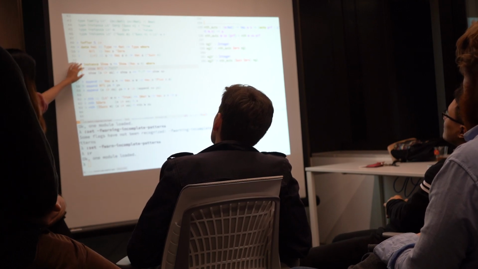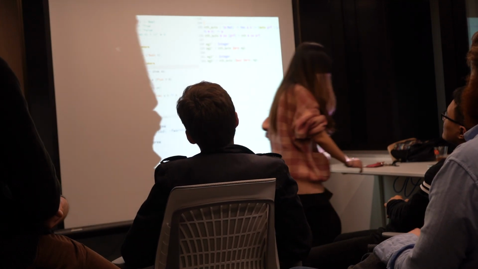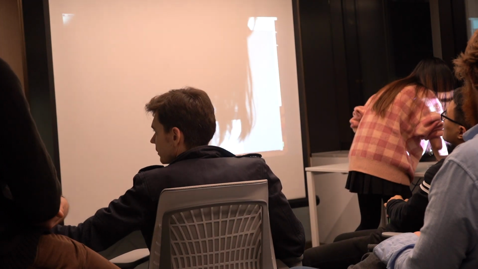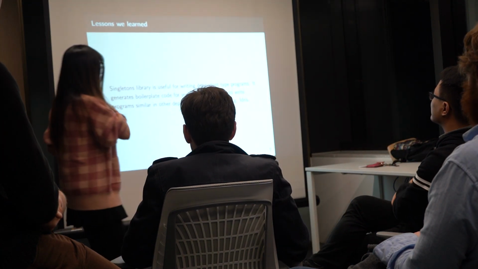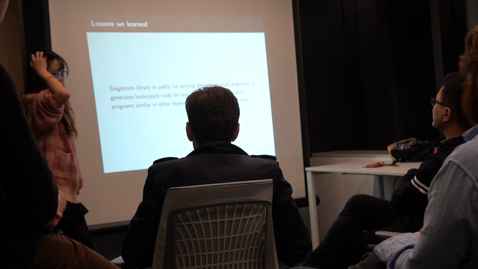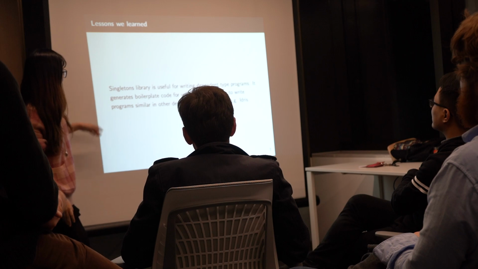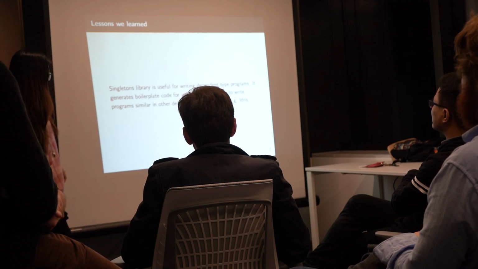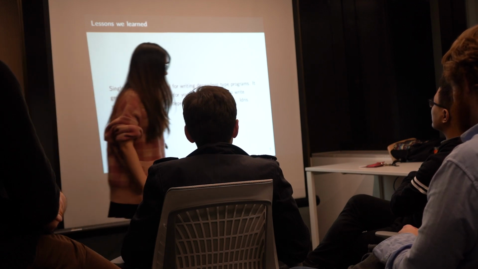Because we don't need to define type families and those kinds of things. So the singleton library is useful for writing dependent type programs in Haskell, and it can generate that kind of boilerplate code for you, and you can write more Idris-like code in Haskell.